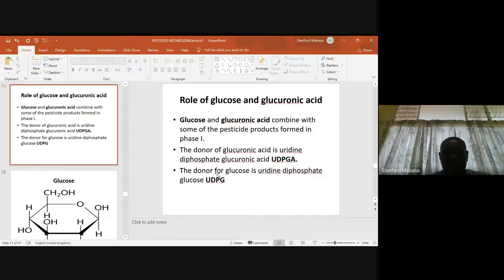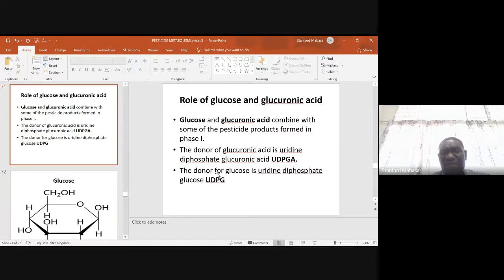Here we want to look at the role of glucose and glucuronic acid. Glucose and glucuronic acid combine with some of the pesticide products formed in phase 1. The donor of glucuronic acid is uridine diphosphate glucuronic acid, UDPGA, but the donor of glucose is uridine diphosphate glucose, UDPG.